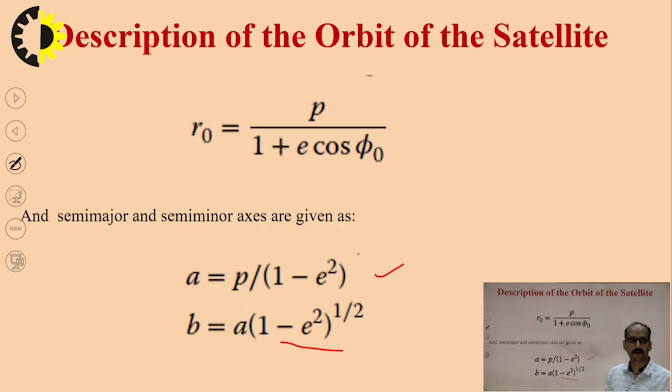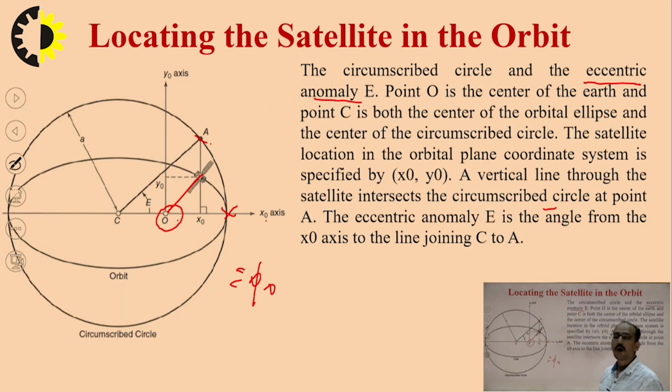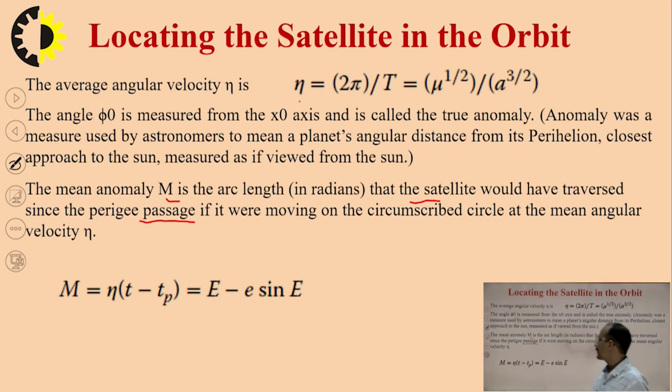But the third condition is when the observer is not situated on the Earth or on the satellite, so it is somewhere else. When it is in that somewhere-else position, a circumscribed circle is counted as per the location of that individual observer, and that circumscribed circle gives us the true anomaly, the eccentric anomaly, and the mean anomaly.